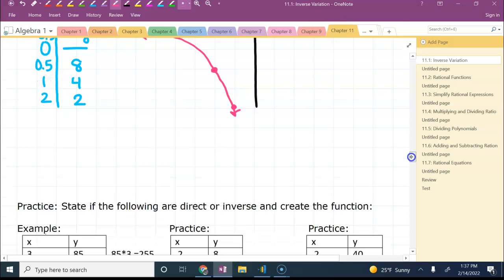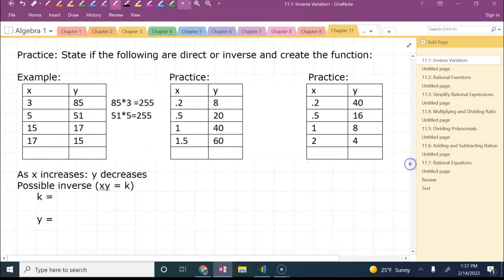The last thing I want to talk through with you guys is if instead of talking about a graph, they give you a table of values, you can figure out whether they're showing you an inverse or a direct variation. So this first example, we've got x's and y's provided for us. The first thing that I would look at is what your numbers are doing.